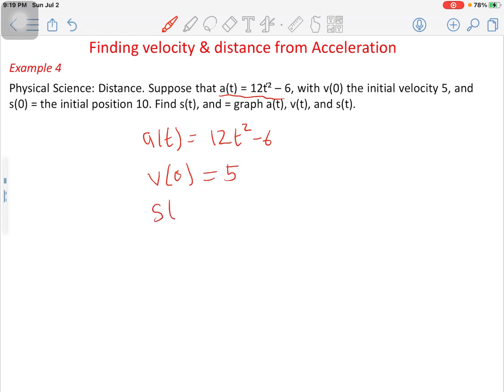And x of 0, which is our initial distance, our initial position, is 10. Then the question is, we should find the distance and then the graph of a of t, v of t, and then s of t.